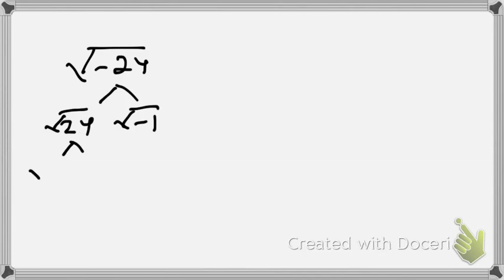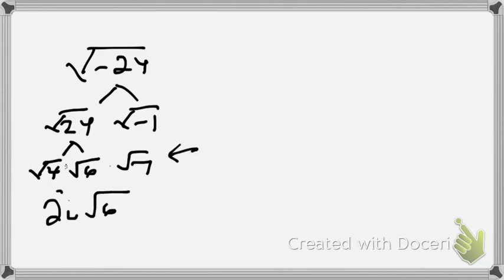So we can rewrite this as the square root of 4 times the square root of 6 times the square root of -1. So the square root of 4 is 2, the square root of -1 is i, and the square root of 6 is simplified. So there's your answer.